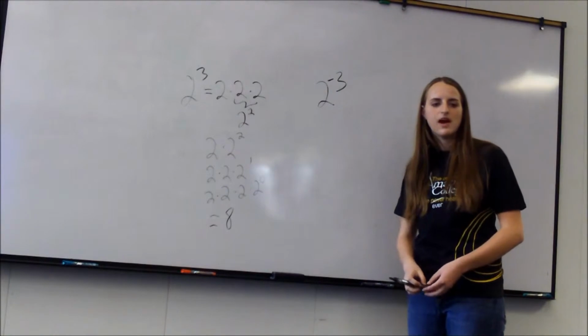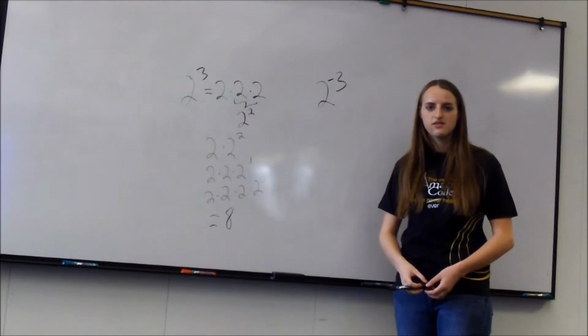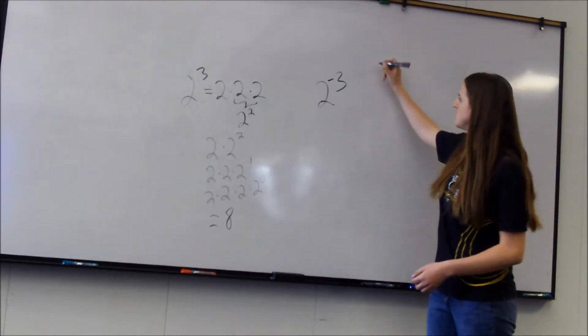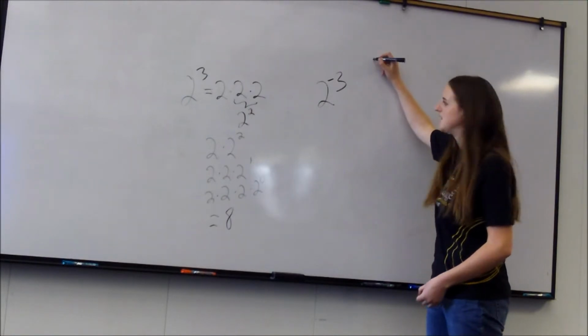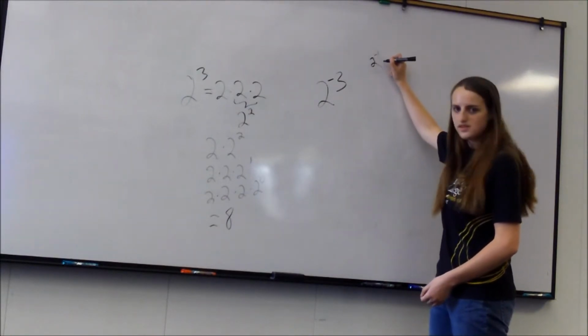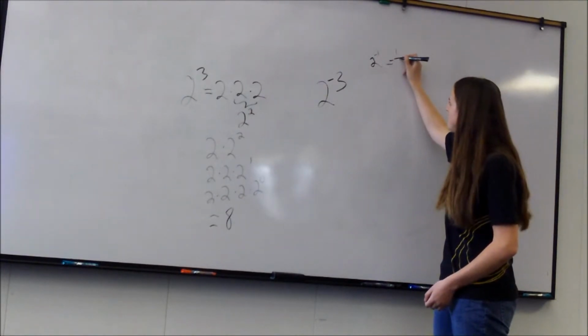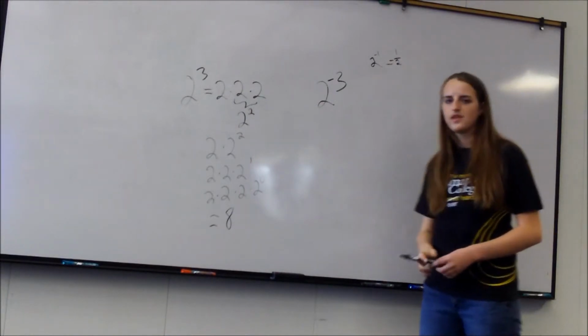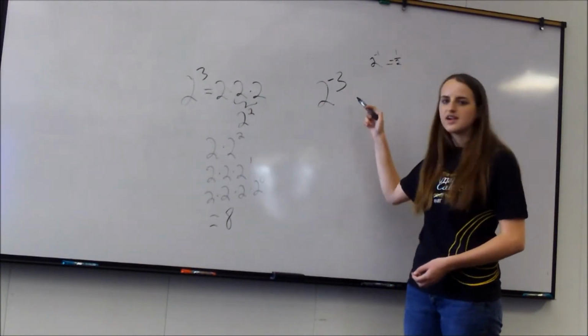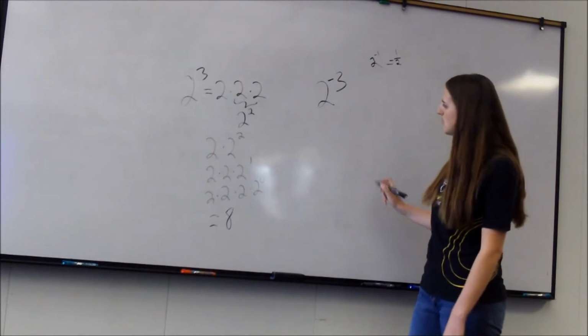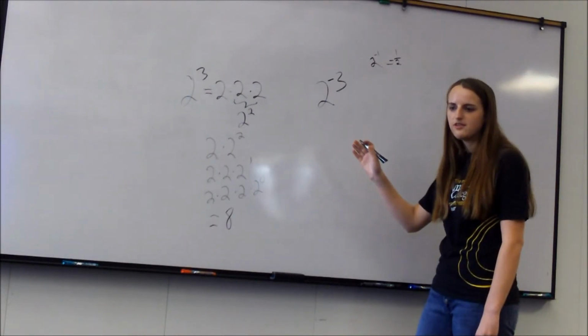We can do a really similar thing for 2 to the negative third. However, when you raise a base to a negative number, you do 1 over that number. So, like, 2 to the negative first is equal to 1/2. So, if we increase our exponent by 1 in this case, we take out a factor of 1/2.